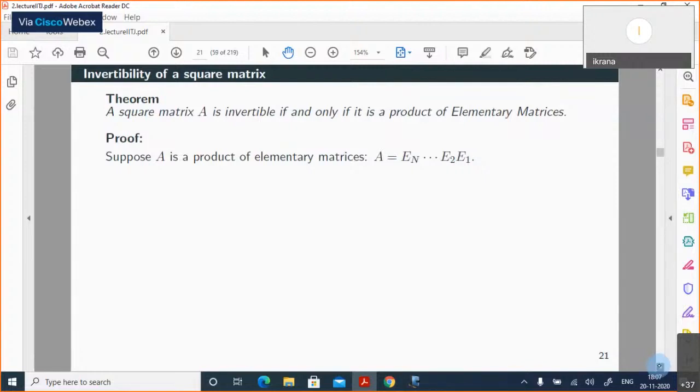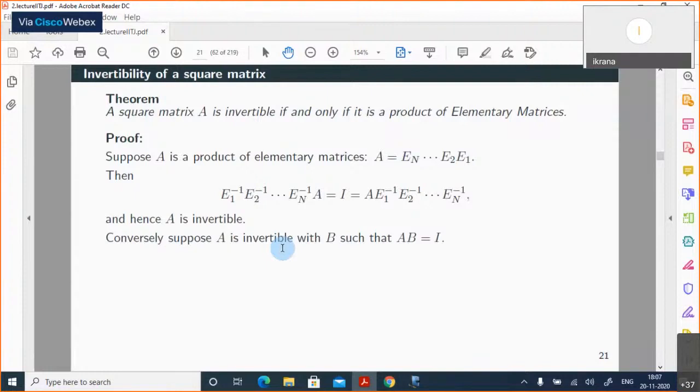Conversely, suppose that A is invertible and B is the inverse, so AB equals identity. What we want to show is that A is a product of elementary matrices. If A is not a product of elementary matrices, then what will happen?